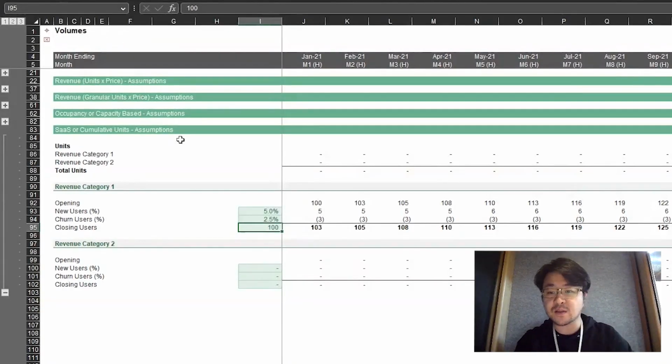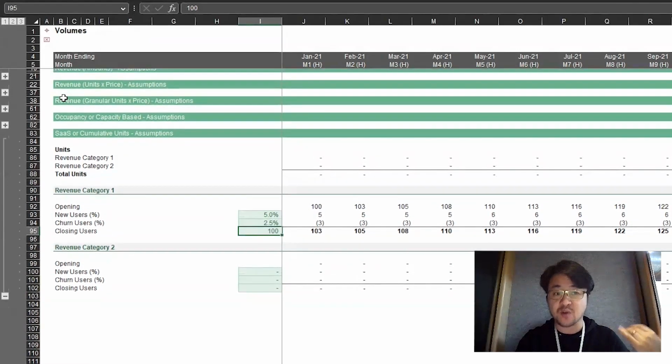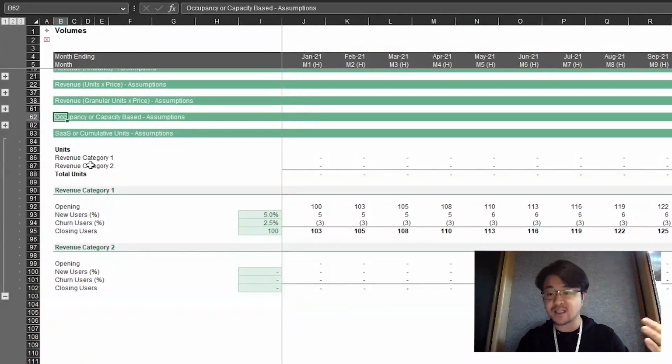We're now going to look at the next layer of volumes. So we've just explored units and prices. We've looked at the granularity, or breaking out to granularity. We've also looked at capacity. So, what's the maximum unit we can provide?